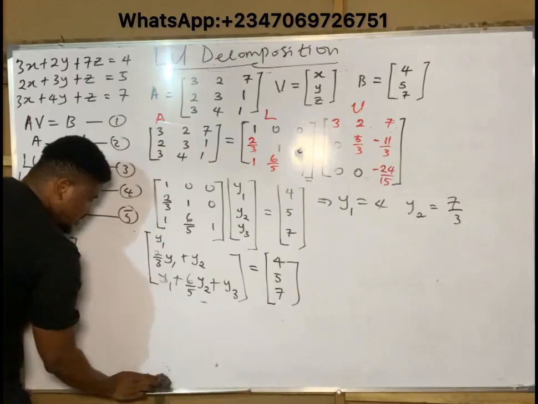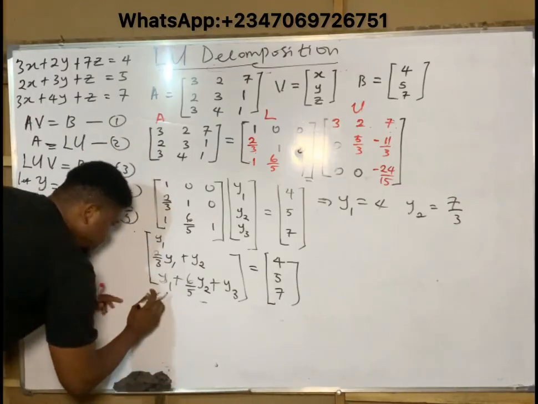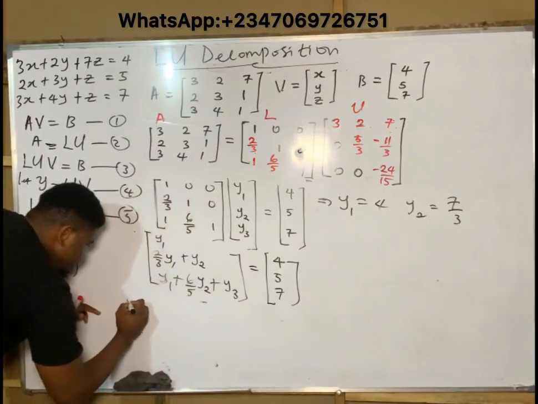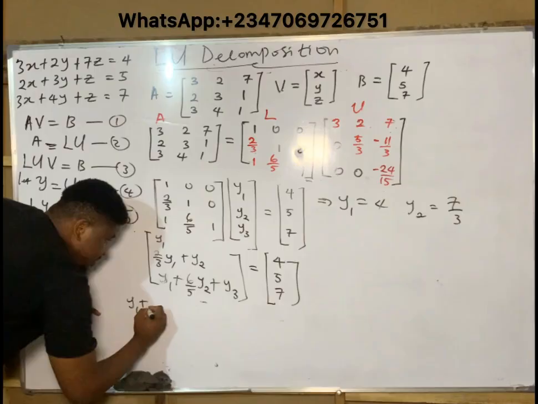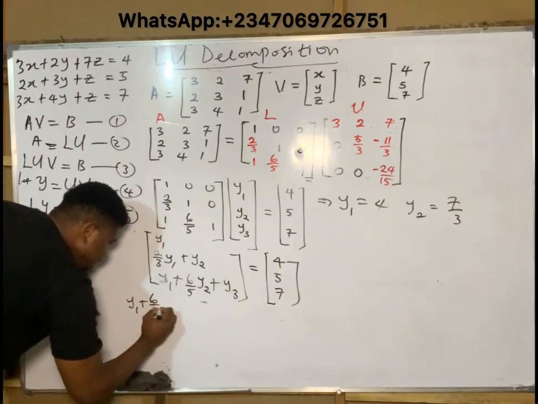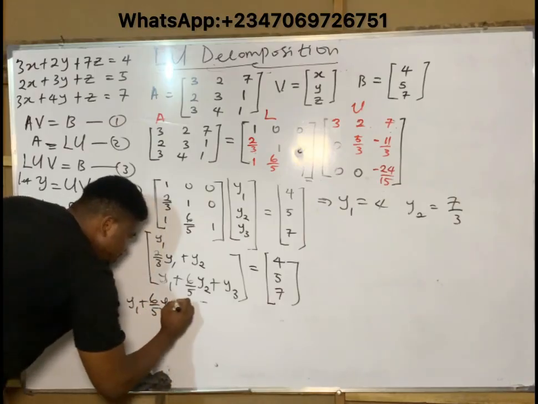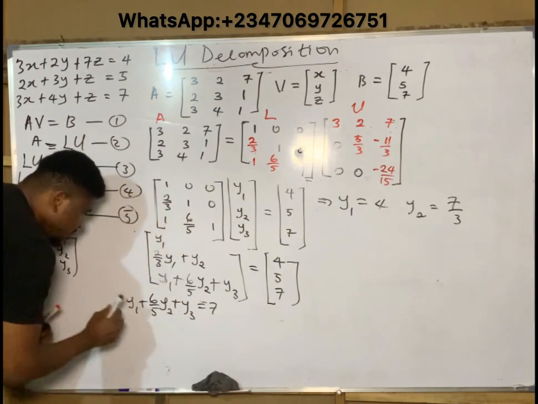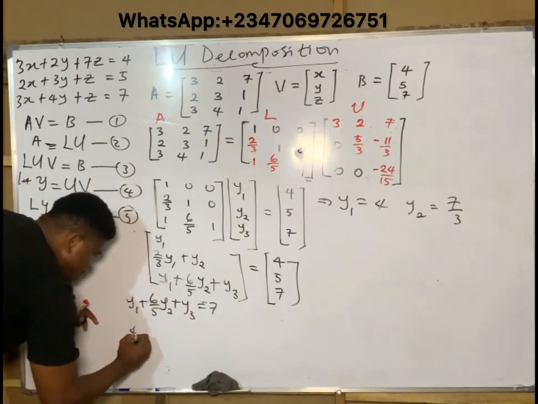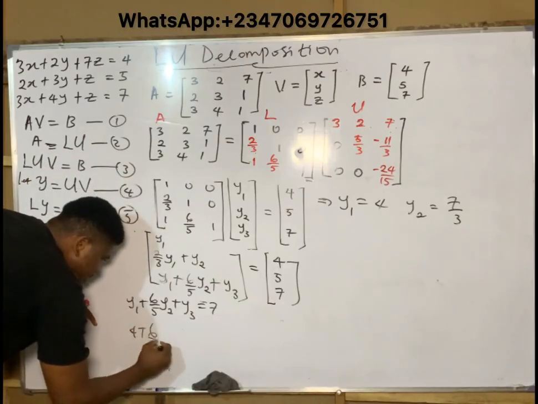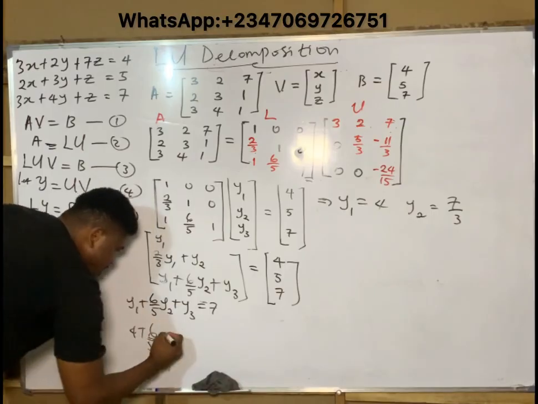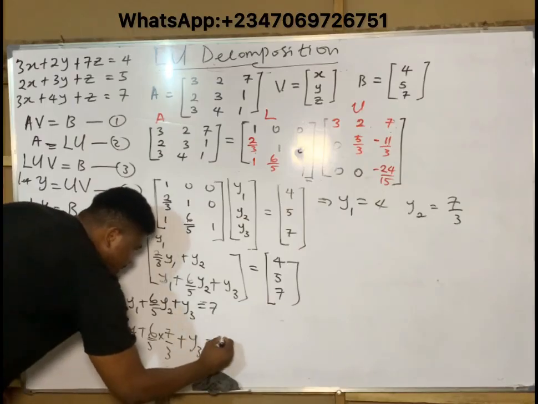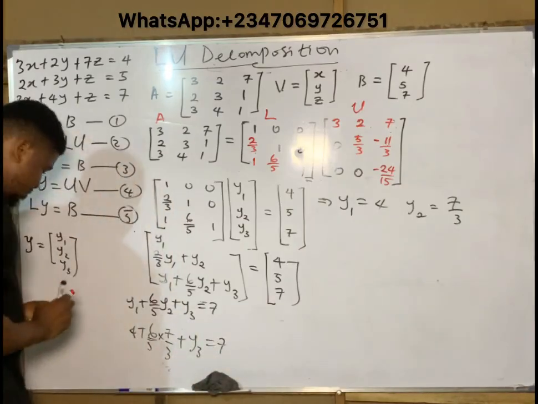Now, finally, for the third row, the whole of this is equal to 7, which is y1 plus 6 over 5 y2 plus y3 equals 7. So this becomes y1 is 4, plus 6 over 5 times y2, where y2 is 7 over 3, plus y3, unknown, equals 7.